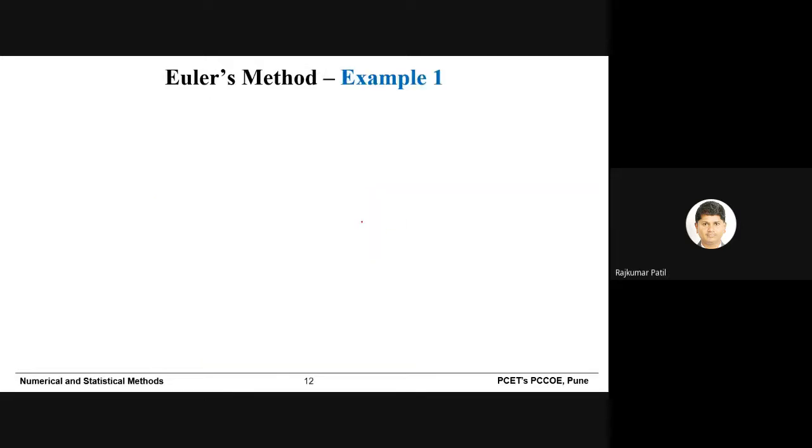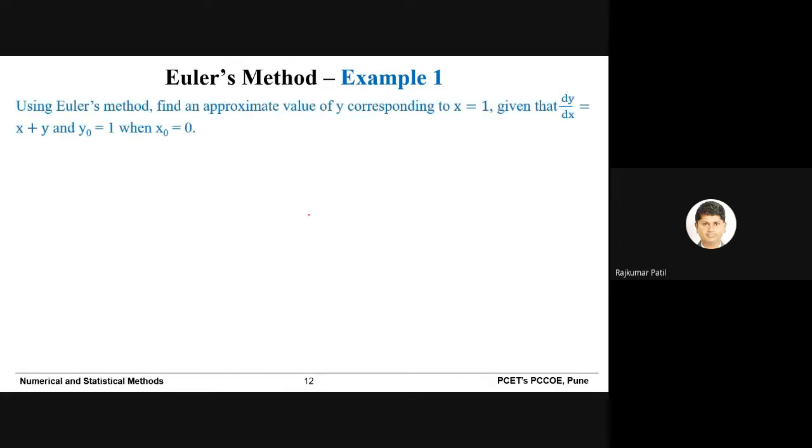Now we will see one example of how we can apply Euler's method to solve a problem. So using Euler's method, find an approximate value of y corresponding to a value of x. So x is given, and for which you need to calculate the value of y. And the function is given, dy by dx is equal to x plus y.